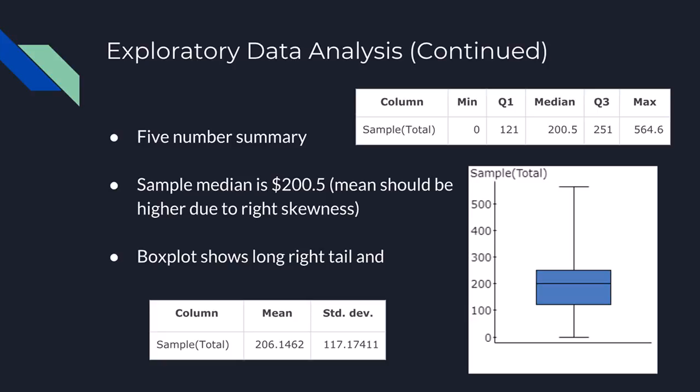And I've produced the mean and standard deviation below. We can see that the mean is 206.15 roughly, which is greater than 200.5 with the median, which is what we expected, and the standard deviation is 117.17 for this sample.